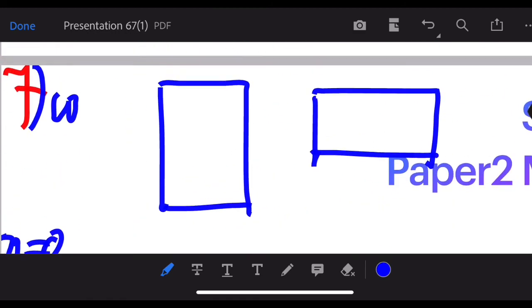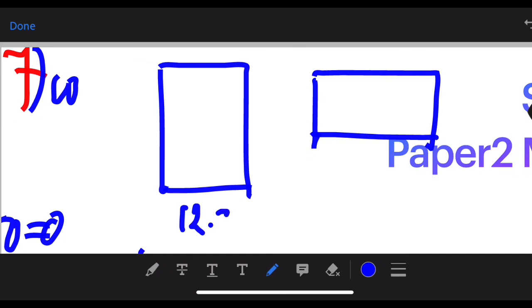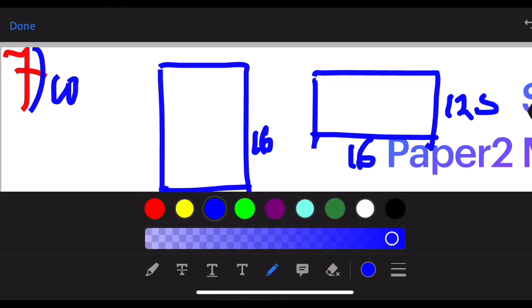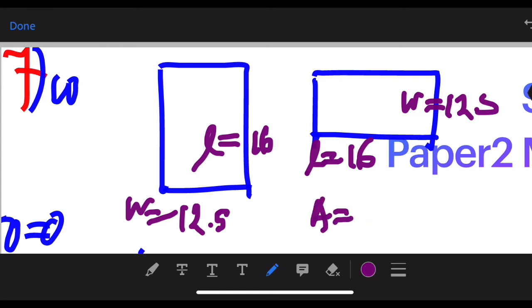If this one, it will be 12.5 logically, and here will be 16. If you put the shape this way, logically this is the length and this is the width. And for this one, this is the length, this is the width. The area is 200, right?